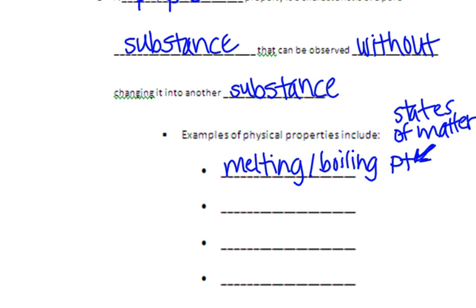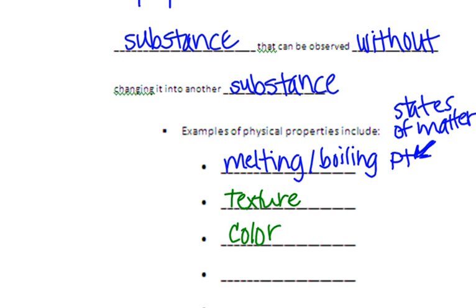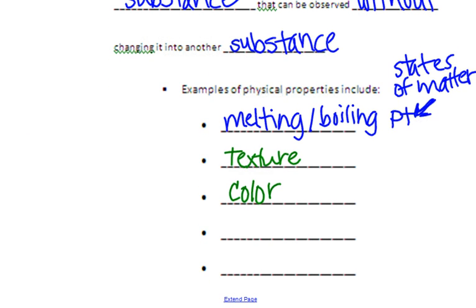You could have the texture, the color of something be a physical property, flexibility, like a slinky, that's a physical property.